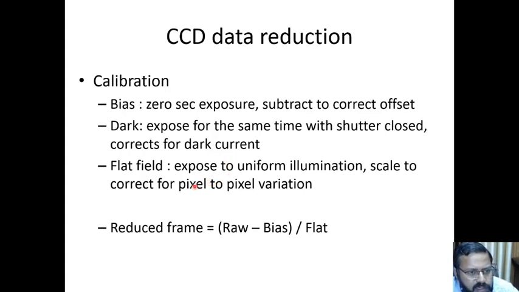Also, there is a pixel to pixel variation across the device. It's not only because of the chip, but because of the lenses, the mirrors, the dust particles in the light path.